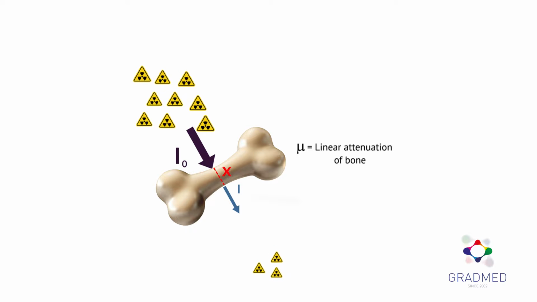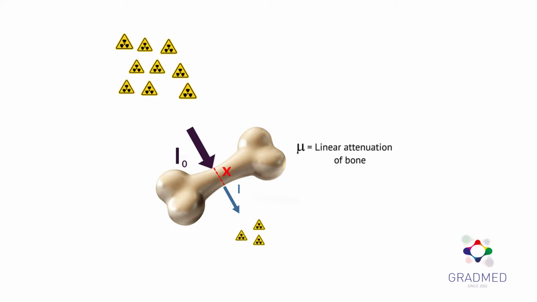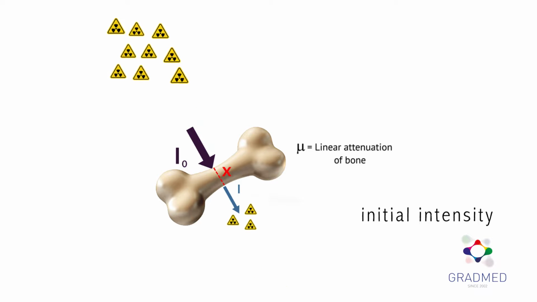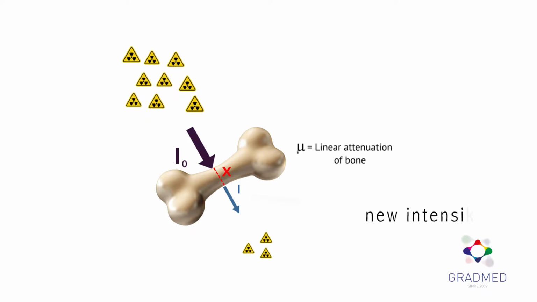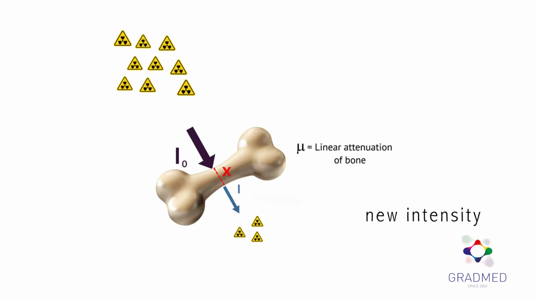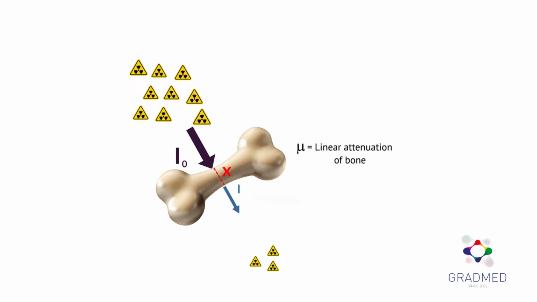And as you might have expected, or maybe feared, there's an equation which relates the initial intensity of the X-rays, here I0, with the new intensity of X-rays after they've passed through a material, given here as I. Here it is.